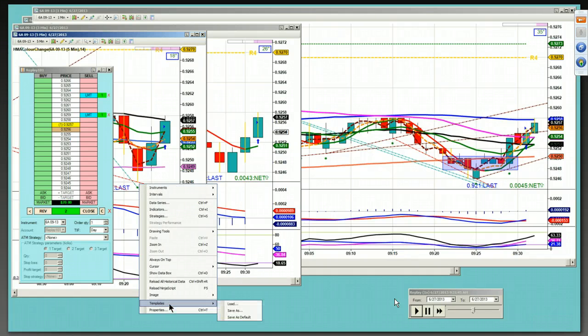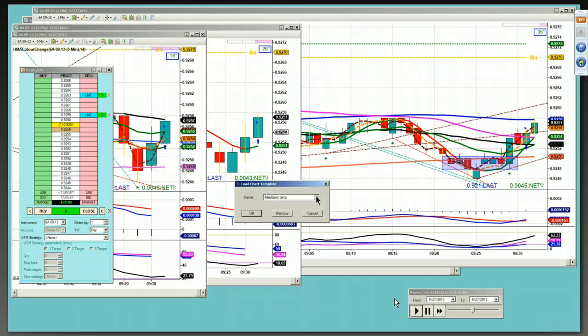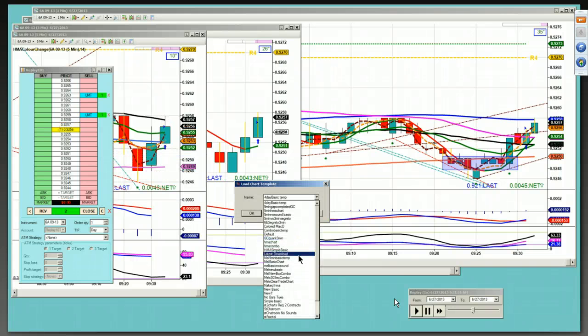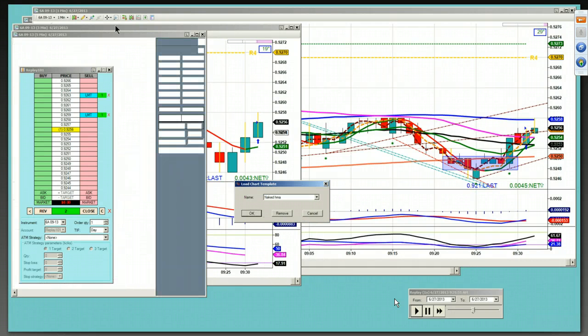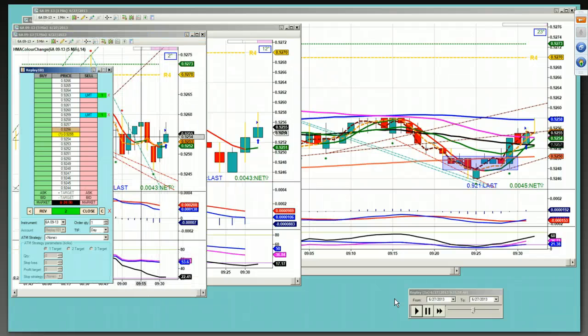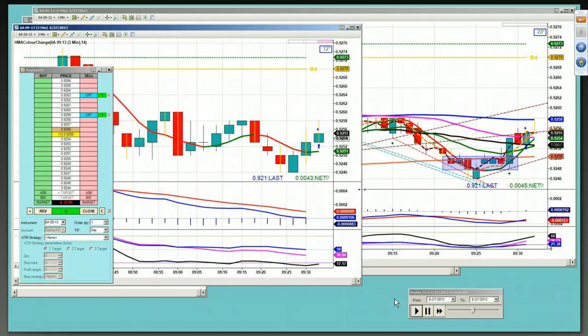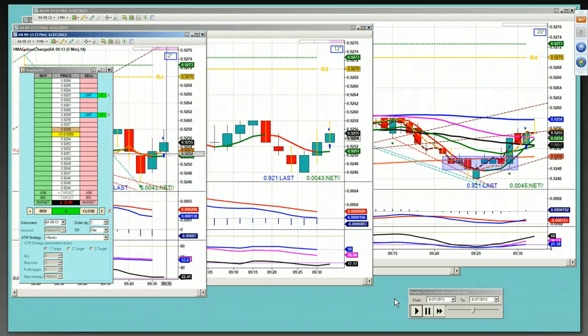I can change the chart to my simple chart. I call it my naked chart. So there's my 5-minute chart. You can use a 3-minute or a 5-minute. It'll do the same thing. I just like the 3-minute timing for currencies.